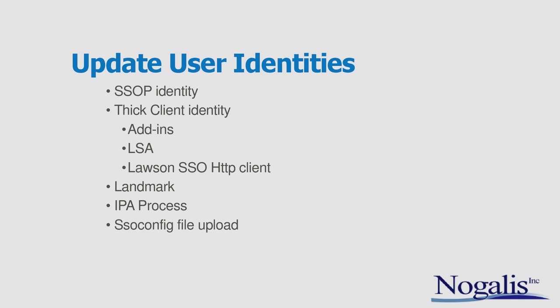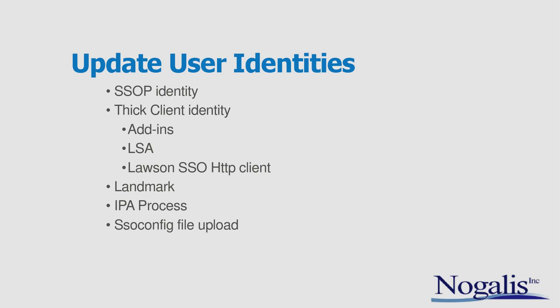And then there's a new identity that gets added, which I mentioned before, the fit client identity, and that, again, is going to be added in Lawson and in Landmark. So if you have power users who are using these extra tools, they need to have those identities assigned to them. And we have done this quickly and easily.